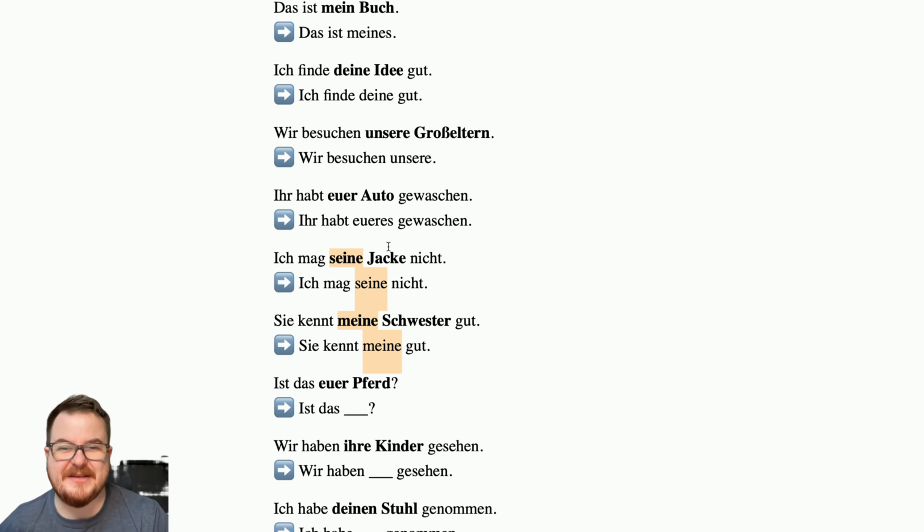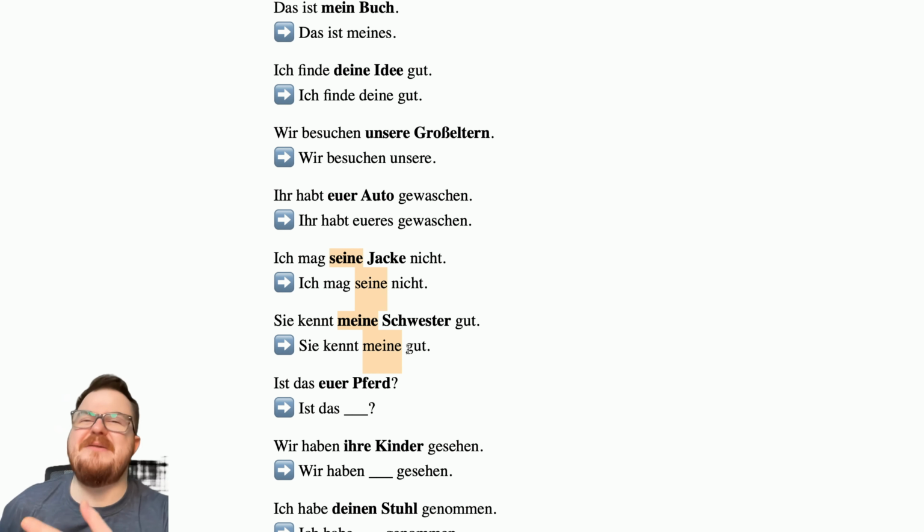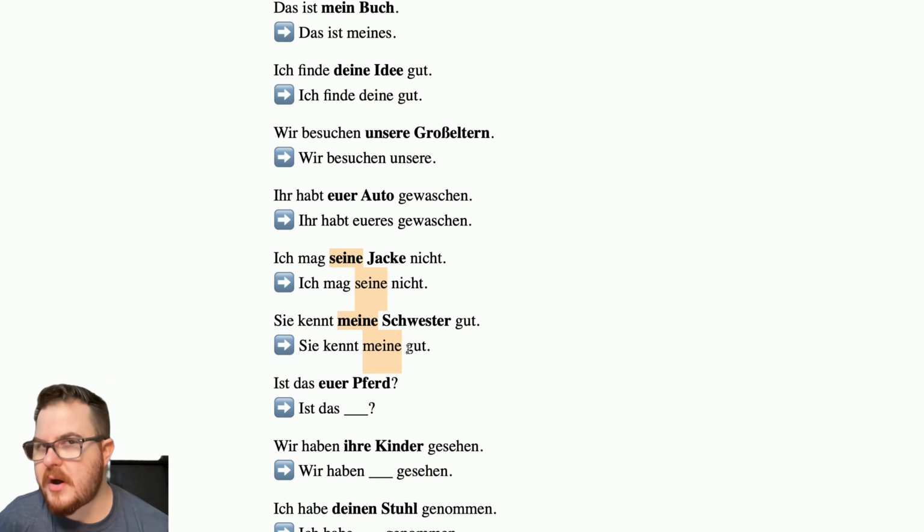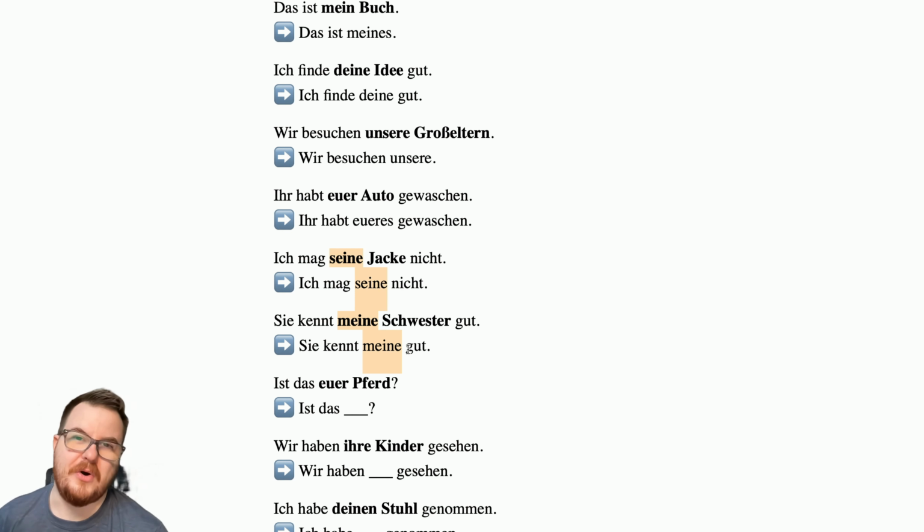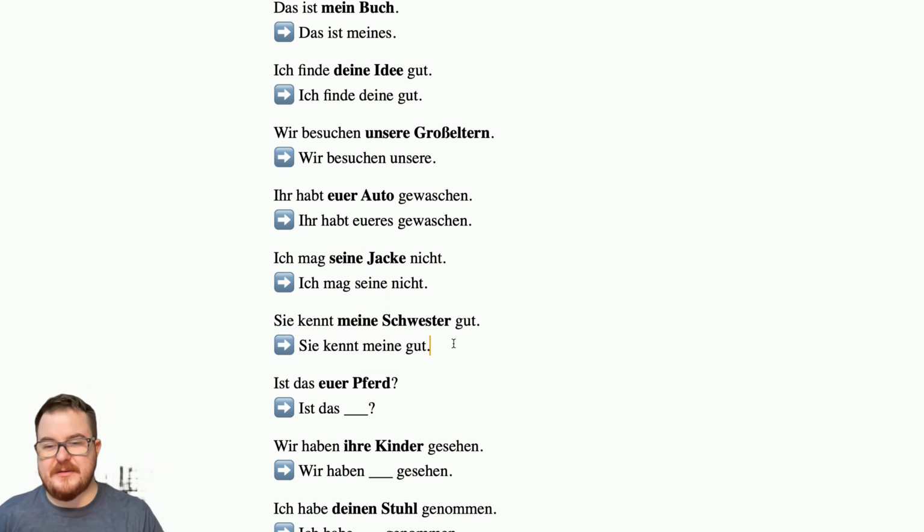The words seine Jacke and then just seine on its own, or meine Schwester and then just meine on its own, they're the same. They have the same endings. But this is not the case always. In fact, there are many more times when the ending is different.